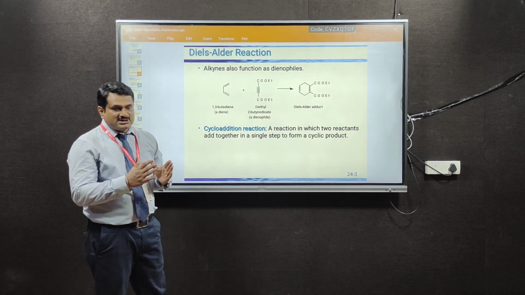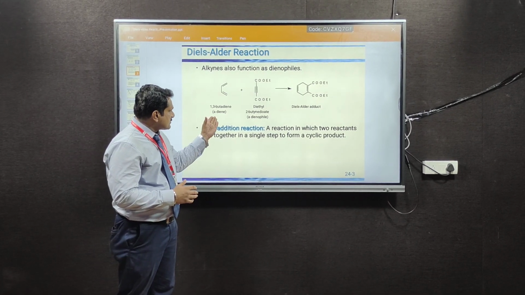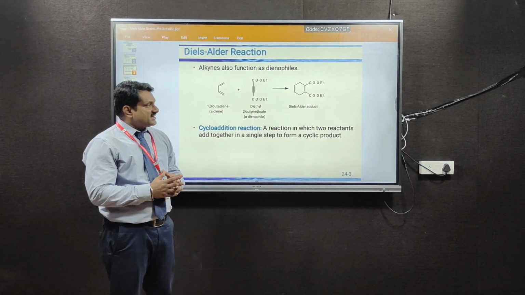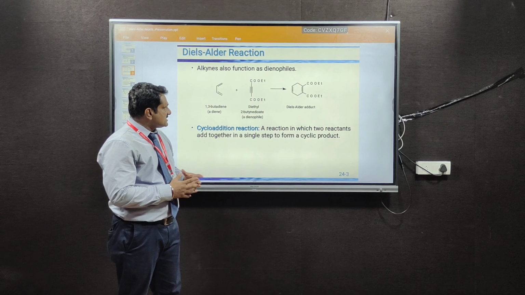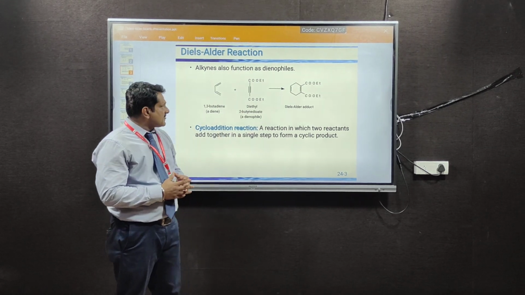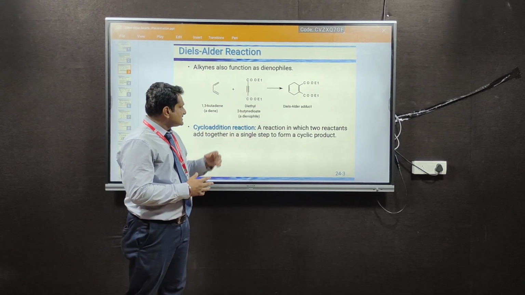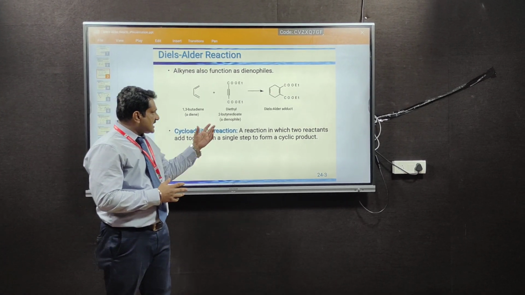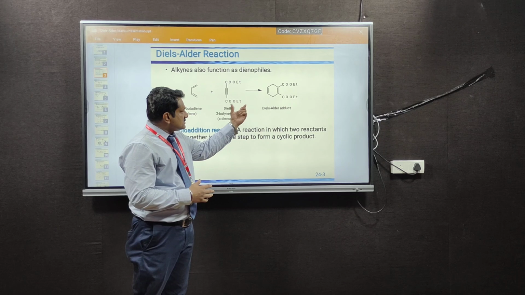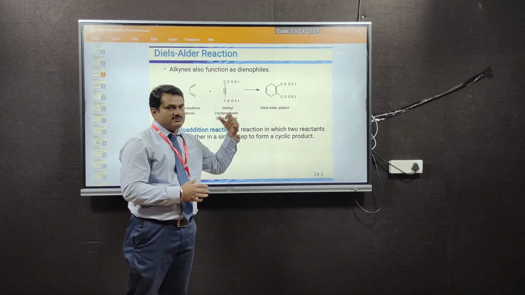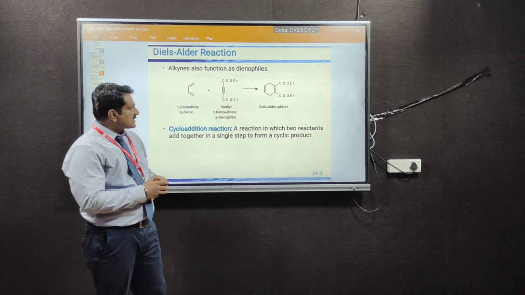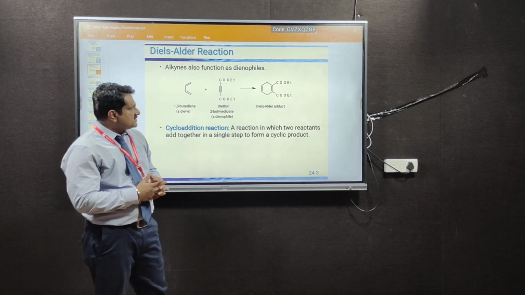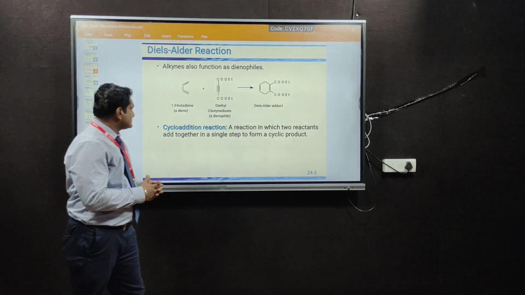The driving force starts from the nucleophilic diene, and on the other side we have the electrophilic dienophile. You can see we have taken 2-butenedioate as an example of a dienophile, and we have an example of a product, a 6-membered cyclic adduct, in the Diels-Alder reaction.